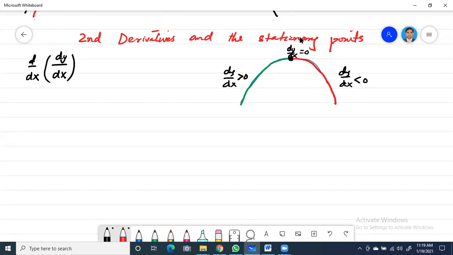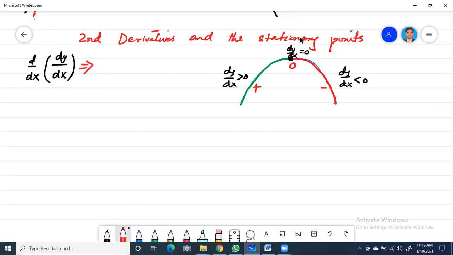Then again we will check the rate of change of dy by dx. As dy by dx is here positive to 0 and this side negative, it's decreasing. Look, from positive to 0 decrease, 0 to negative, more decreasing. It means this d2y divided by dx square is less than 0.